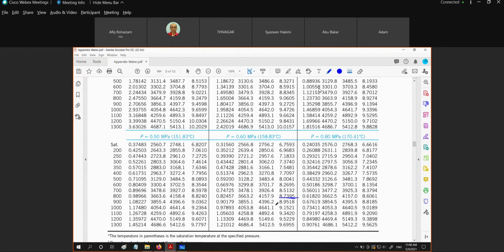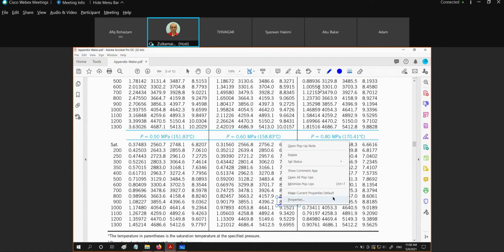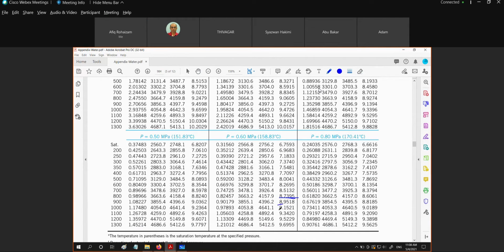So you have to interpolate between these.